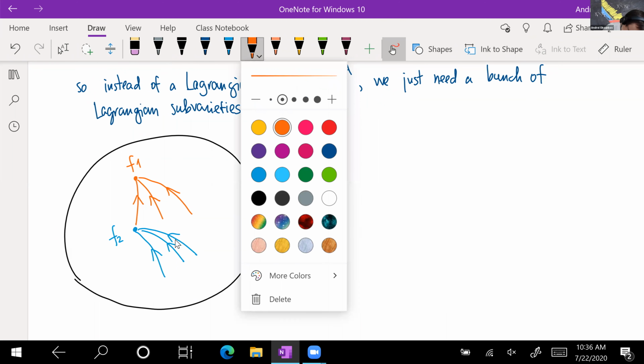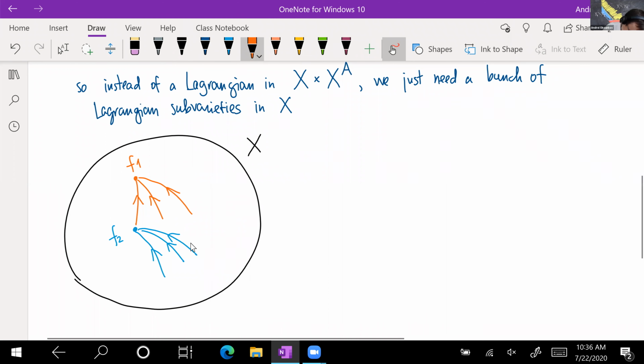There's a nearby attracting trajectory that goes to F1. Maybe this is not the best example of my drawing. And then similarly, this hits another point, let's call it F3. Similar story.